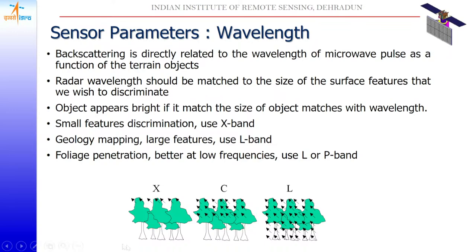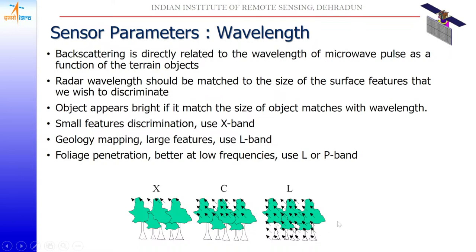So you can see this is the X band. For foliage penetration, with X band the SAR waves will reflect from the top of the canopy and will not penetrate towards the vegetation, but C band can penetrate up to some level, and in the L band it can penetrate up to the surface level.